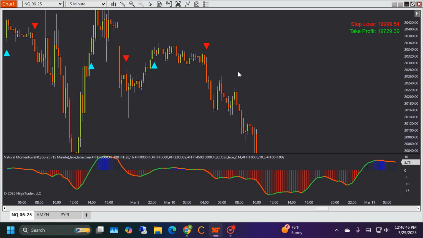One thing I like to look for, so we're in a downtrend, so we're looking for sells, is the candle that has it cross below the zero line, or in the buy scenario above the zero line. If a gap forms with that candle, which we see here, that is a great indicator for me that this is going to be the start.